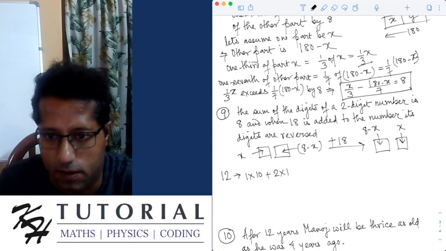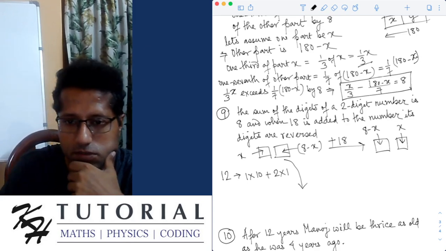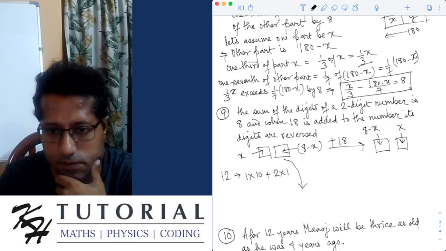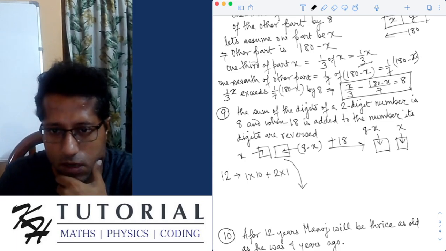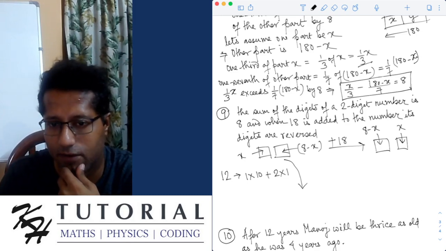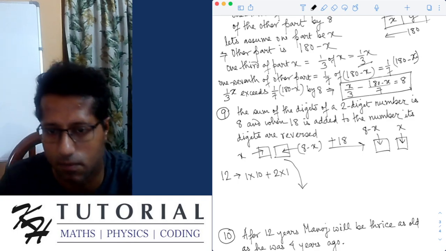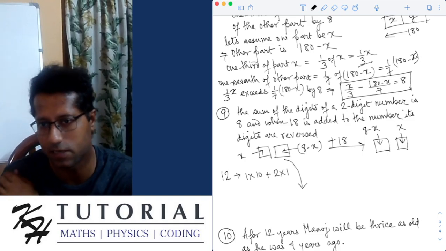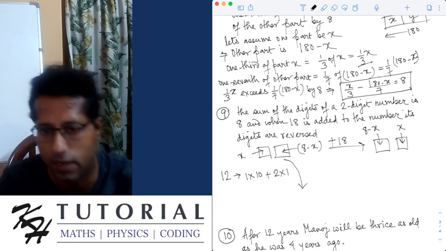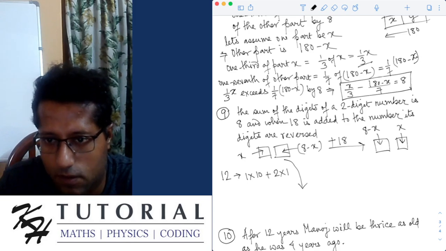Similarly, for this number, before 18 was added, what was its value if you write it in expanded form? The digit was x. So clearly these are the variable x, which will be a digit from 0 to 9, and 8 minus x will also be a digit from 0 to 9. So what will be the value of the 2-digit number before adding 18?